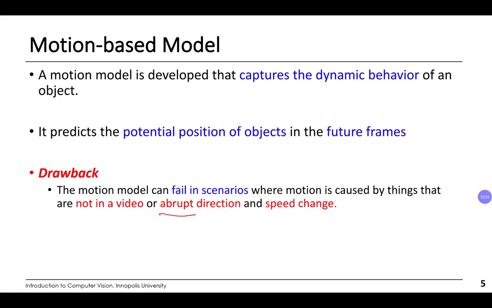Abrupt direction change means that if an object is moving and it takes a 180-degree turn, this is an abrupt direction change. Similarly for speed change, when a moving object changes its speed, predicting the potential position of the object in the future frame is very challenging in a motion based model.